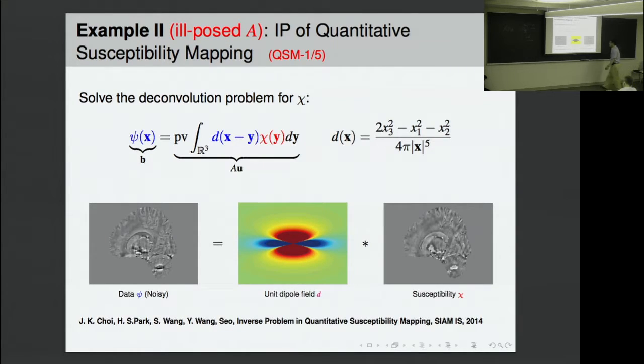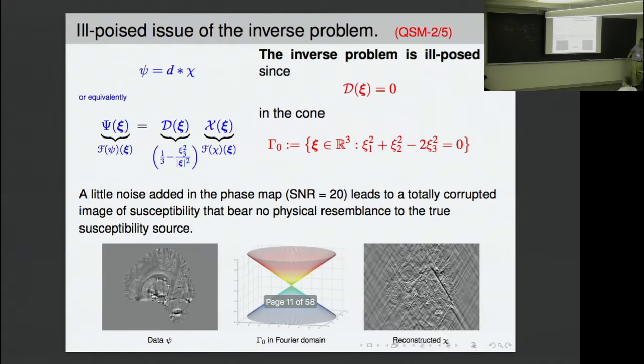So the problem is that using this data, you try to reconstruct this one. The problem is that there is noise in there. Small noise corrupts everything. I'll show the next slide. This is the data, and there is a little noise like this, a small noise. One local noise makes the whole thing stick out.